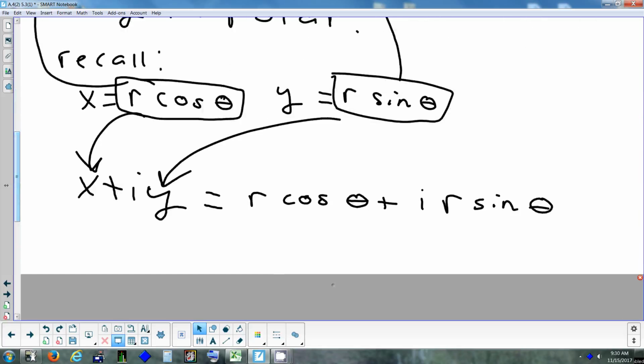Now if you look at each term, first term, second term, what do each of those terms have in common in front of the trig function? They have an r. So when 2 things have the same thing in common, we can factor it out. So let's put an r on the outside. What's left in the first term if you factor out r?